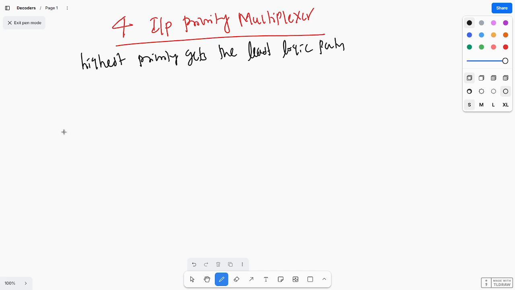Here I'm using a 2x1 mux, and let us take x3, which has the lowest priority.